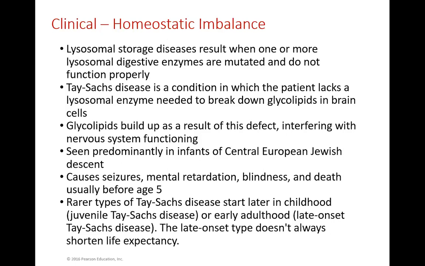Now, who gets it? Well, the primary subgroup susceptible to Tay-Sachs disease are people of Eastern European Jewish descent, because the Jewish populations in Eastern Europe were pretty much a closed society. Let me back up.